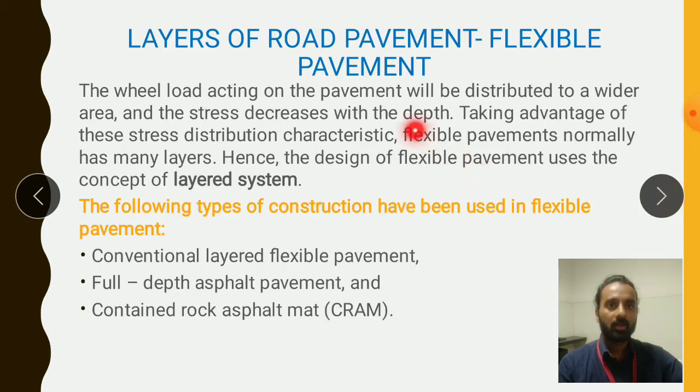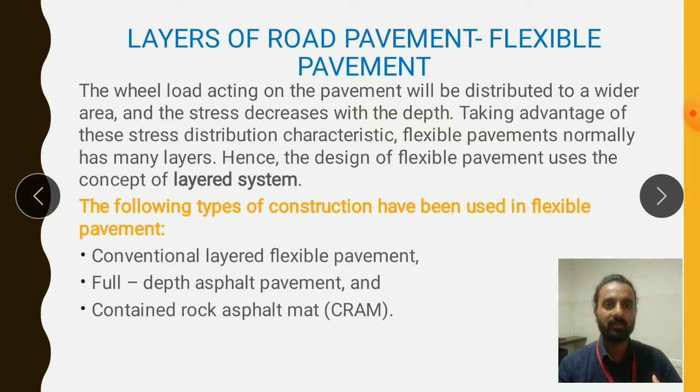So how many layers are there in a flexible pavement? We will be discussing the concept of a layered system. The wheel load acting on the pavement is distributed over a wider area, hence it will not fail. The stress decreases with depth.